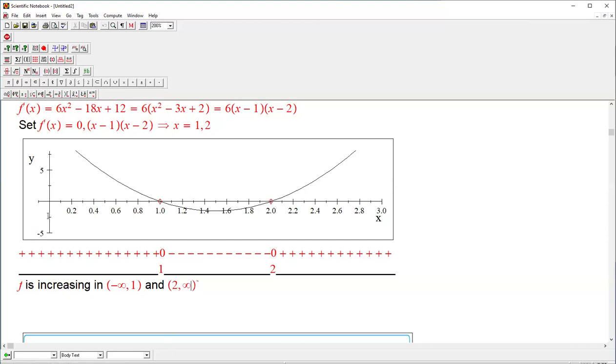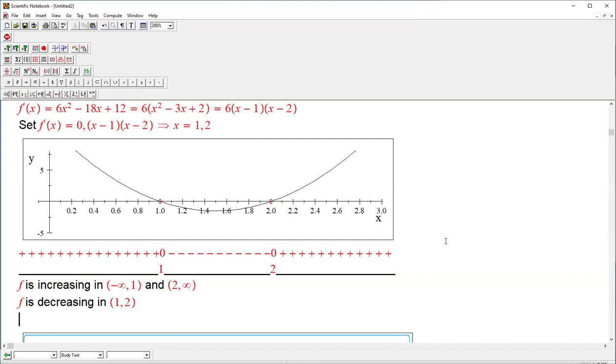And f is decreasing in the interval between 1 and 2. That's it. You're done. You don't need to go further to explain more. This is the kind of question where you need to identify what needs to be done.